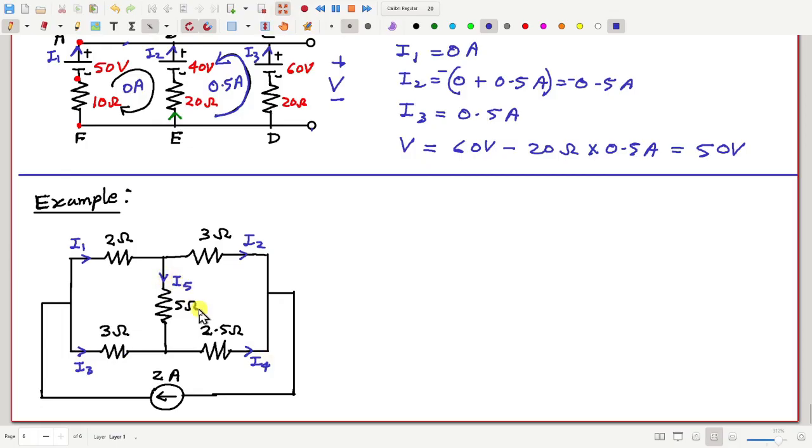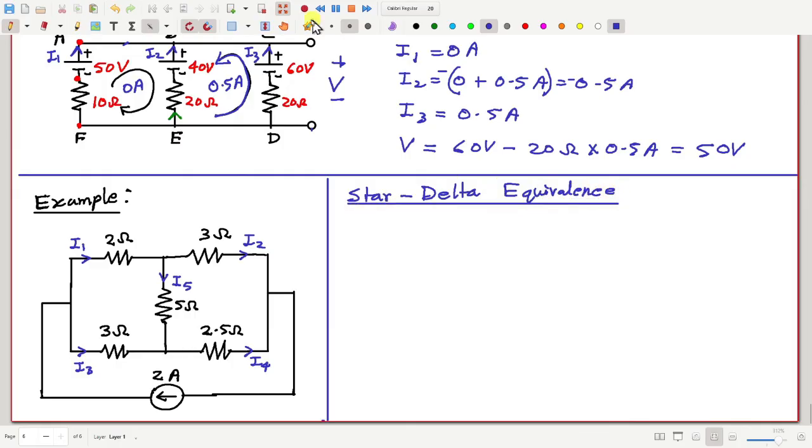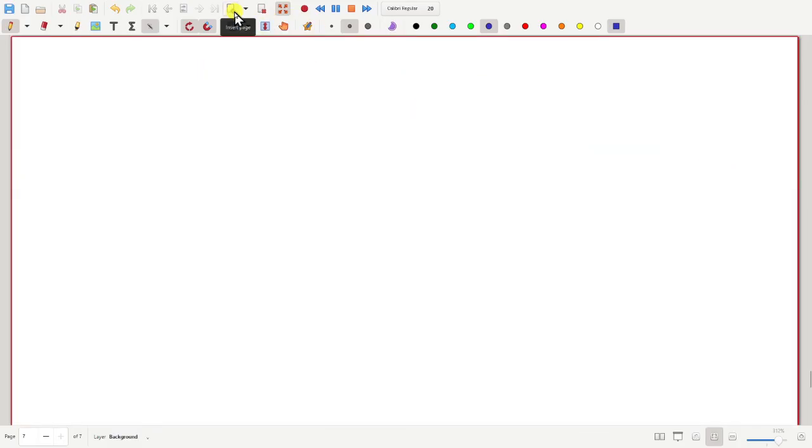Okay, but I will give you a simpler technique which you can apply in this question and sometimes in many other questions. That is called star delta equivalence. What is it? Let me first talk about it.